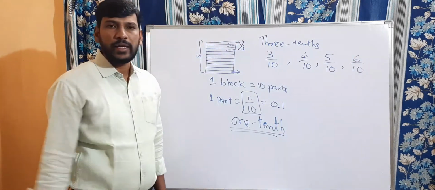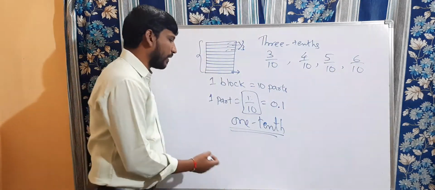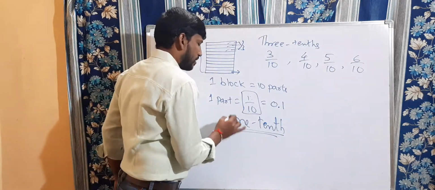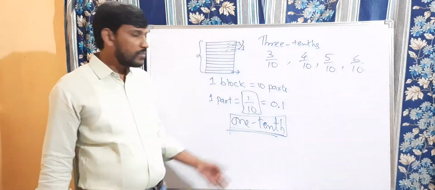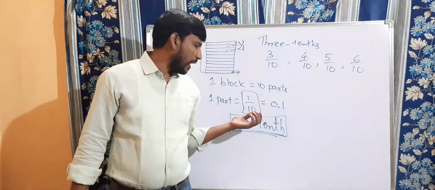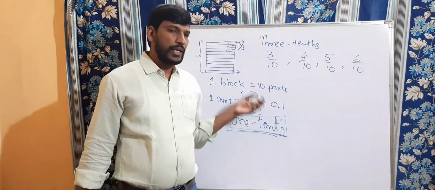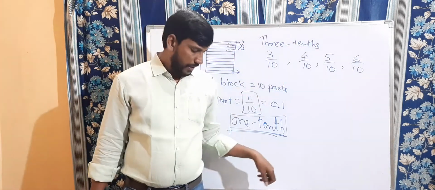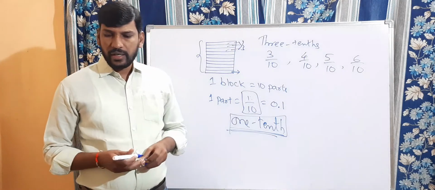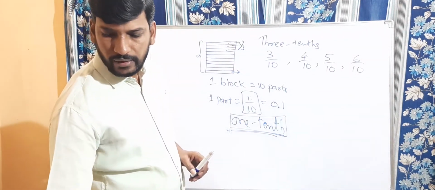Out of total 10 parts, if we take only one part, that is 1/10. If I take 3 parts, that is 3/10. Clear, my dears? Now here you have some questions, try this and complete it.